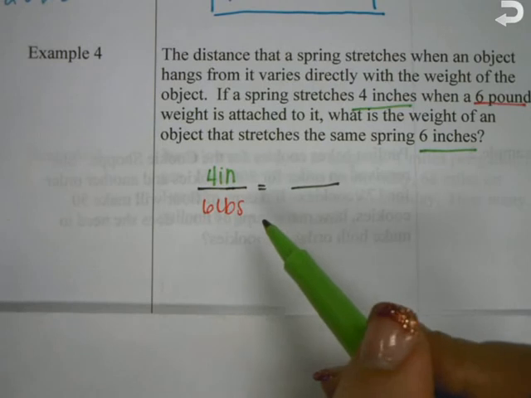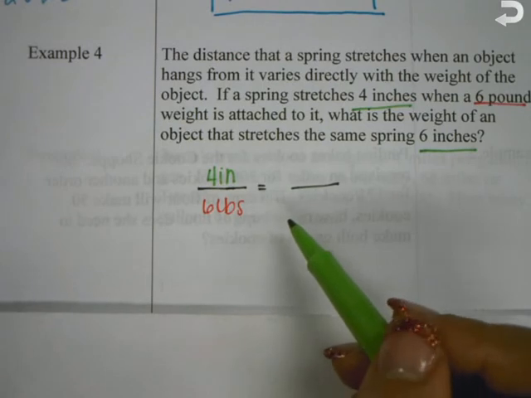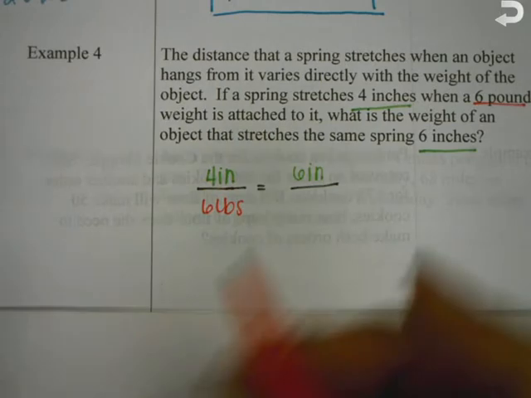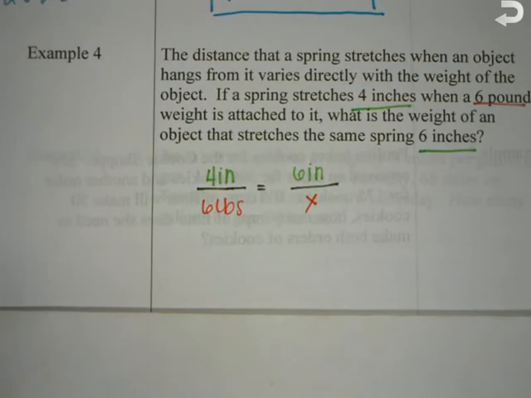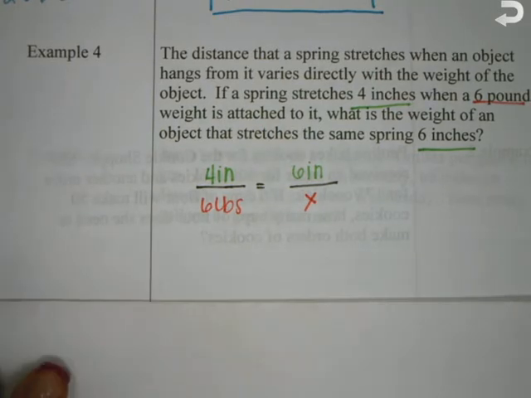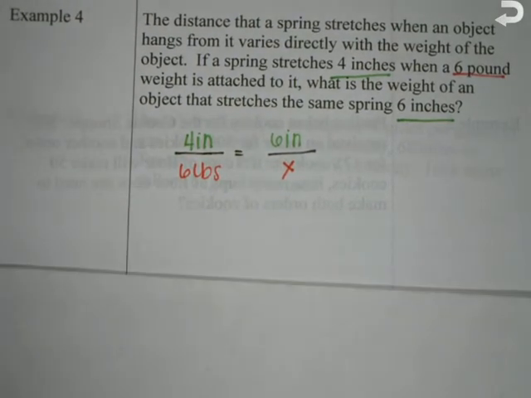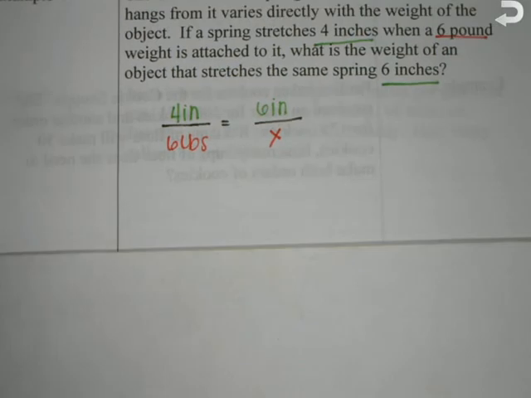All right, what is my next step? Kim, what's my next step? Help her out. Kevin? Cross multiply. So we're going to multiply 6 times 6, which gives me 36, equal to x times 4, 4x.